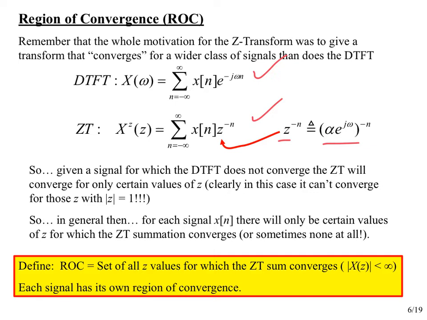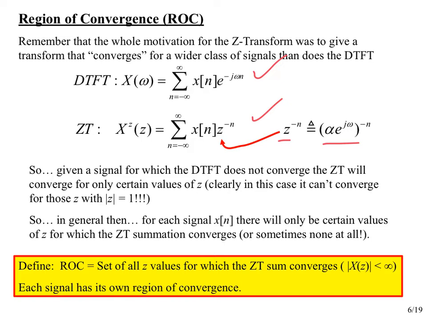So suppose, let's just talk for the moment, that we have a signal, x of n, for which the DTFT does not converge. The Z transform hopefully will converge for some values of z, but maybe not for others.